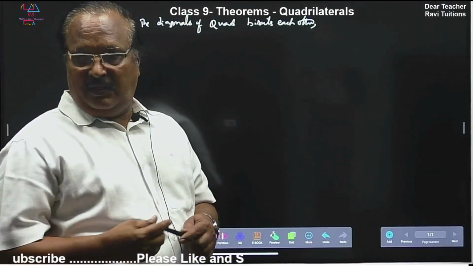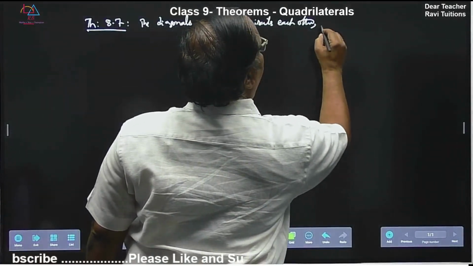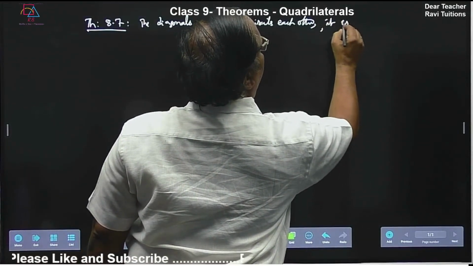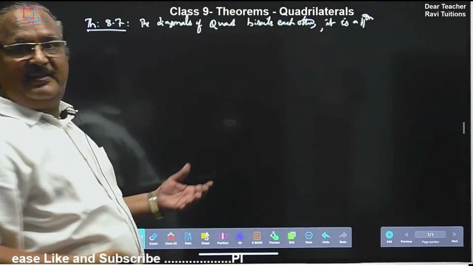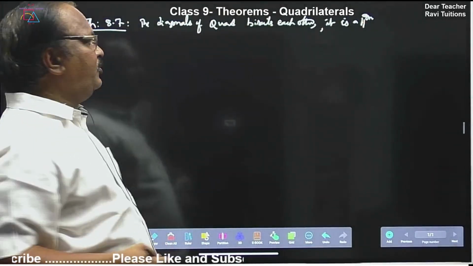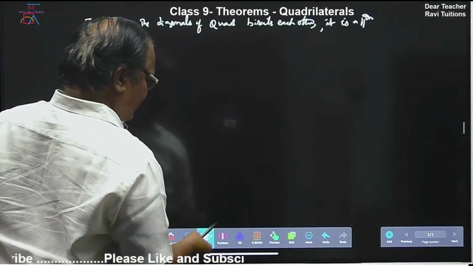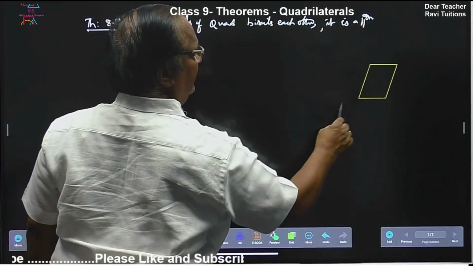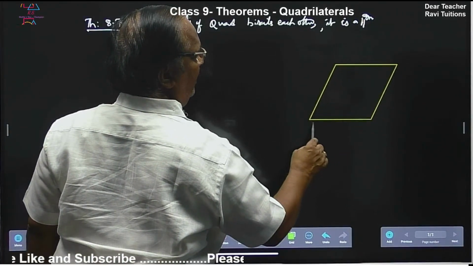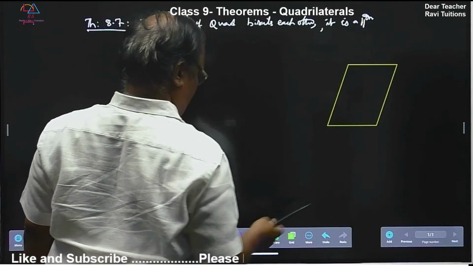So each other, then it is a parallelogram. That means the quadrilateral is a parallelogram. That's what we wanted to prove. For this we have to take a quadrilateral which looks like this.